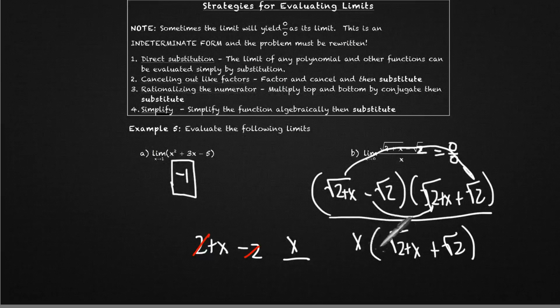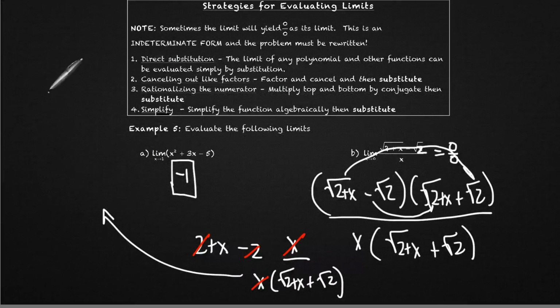Here's the key. Do not distribute the x to the terms on the bottom. Reason being is because you want to see them cancel. You want to see these x's cancel. So you do not want to distribute the x on the bottom to the terms on the bottom. When you do all of that, let's move over here.